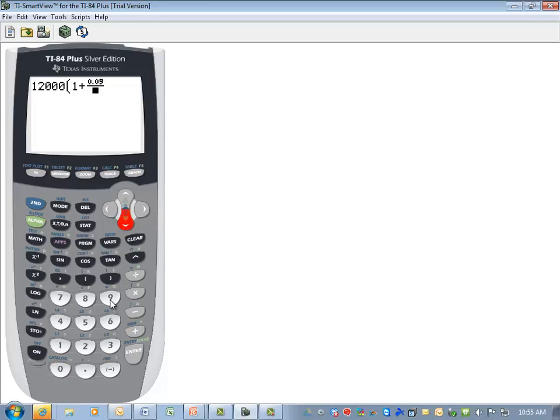The denominator is my compounded quarterly, so that's a 4. Come out here, close my parenthesis, raise it to the power of 4 times 5, which I can multiply, that's 20. And then I hit enter. And there's my solution.